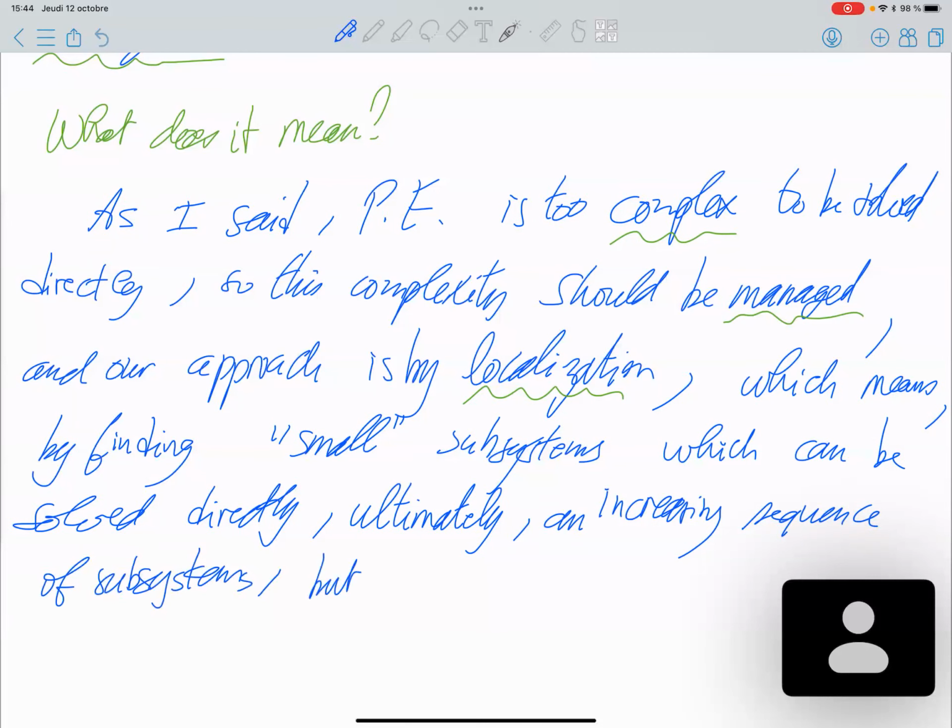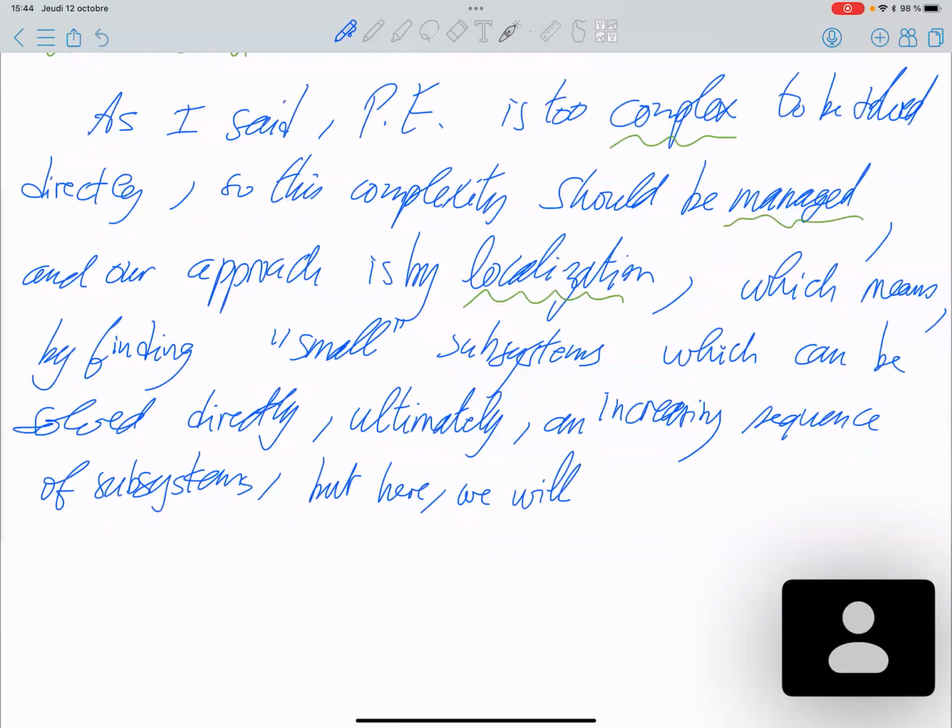As I said, we will only consider the starting point, by which I mean the first subsystem of the sequence.